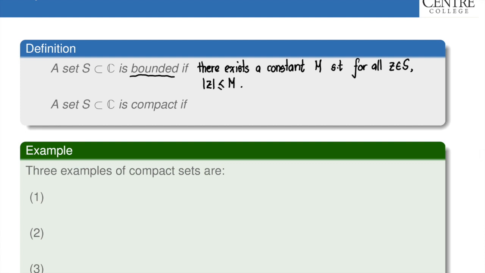If we think about this in terms of geometry, the modulus of z I can view as |z minus 0|, 0 being the complex number 0.